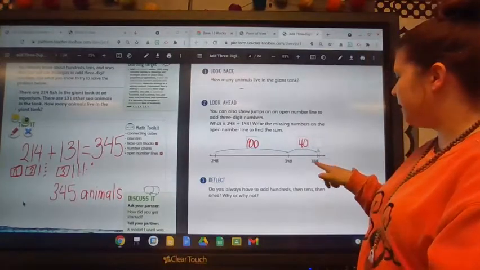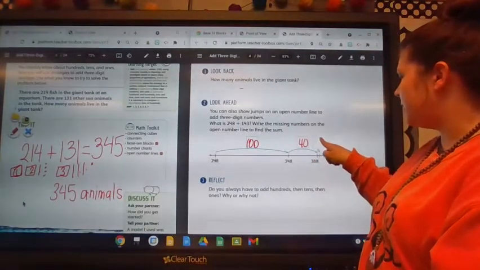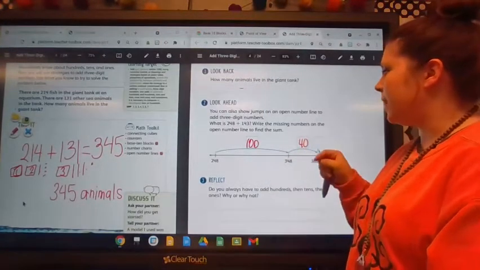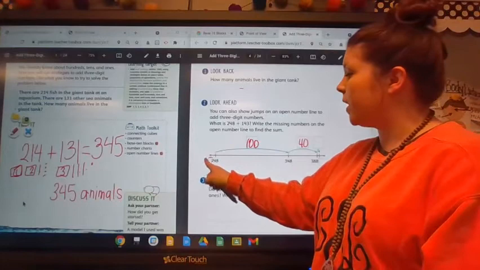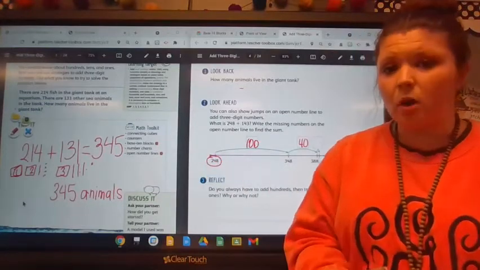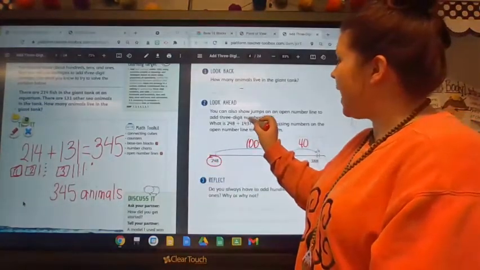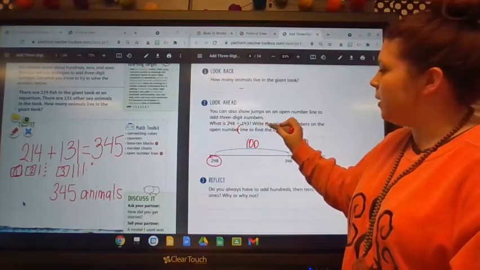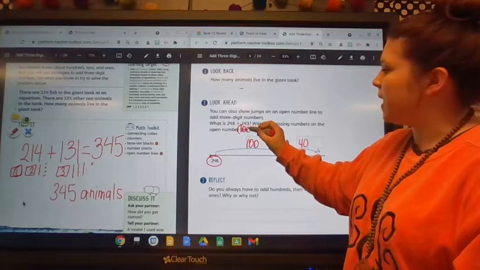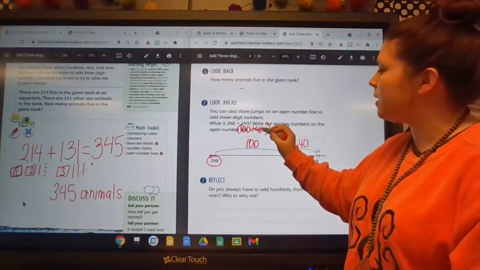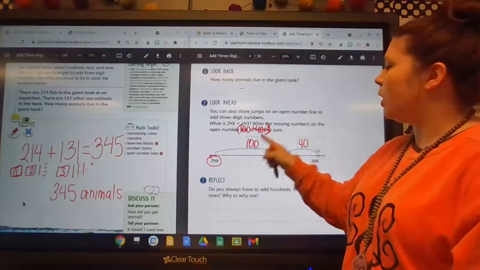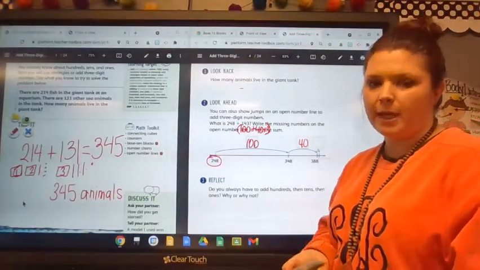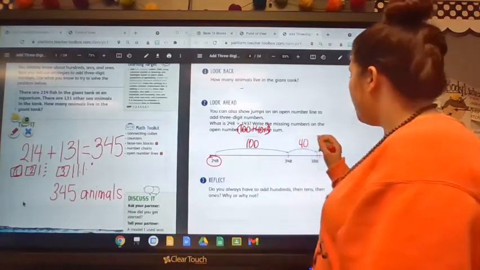All right, and then to get from 388, we need to add to find our total. So far, we've added 100 and we've added 40. So we started with 248. That was our beginning. Then we needed to add 143. So what they did was they decomposed this number into its expanded form, 100 plus 40 plus 3. So if we've already added 100 and we've already added 40, how much more do we have left that we need to add? 3 more.